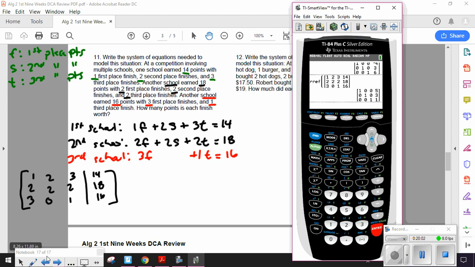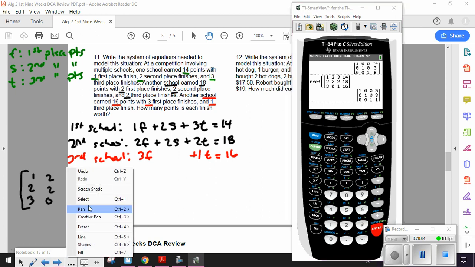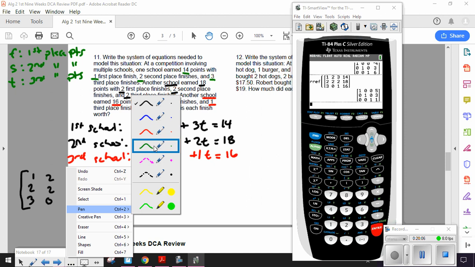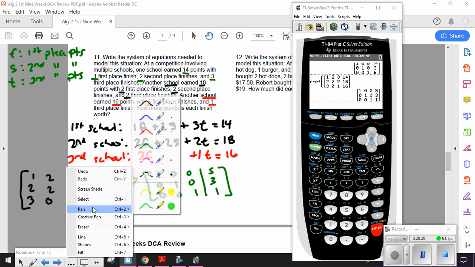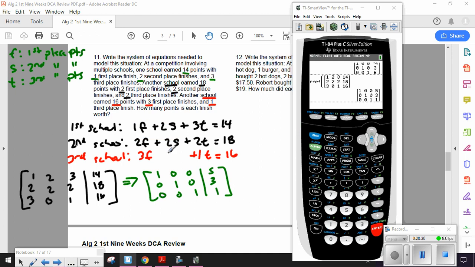All right, our output is 1, 0, 0, 5, 0, 1, 0, 3, 0, 0, 1, 1. So again, it maintains its order. So first, second, third.